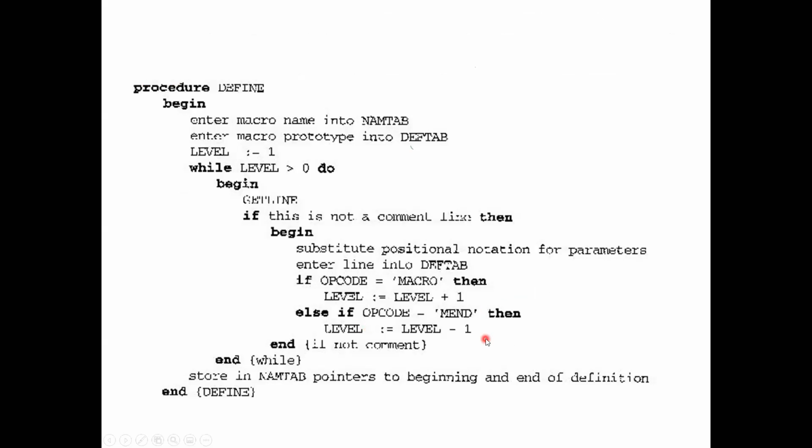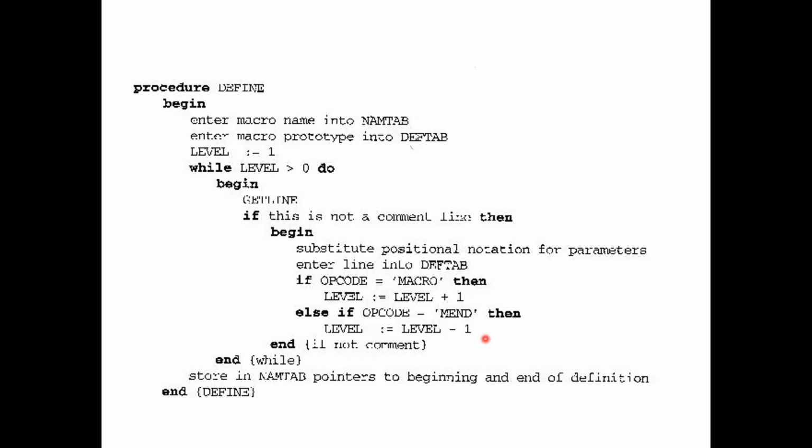Let's see how that works. We'll modify this pseudocode a little bit to take a look at how these might be modified to work. Let's first start at the top where we're doing a define.